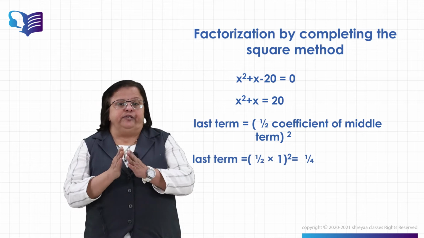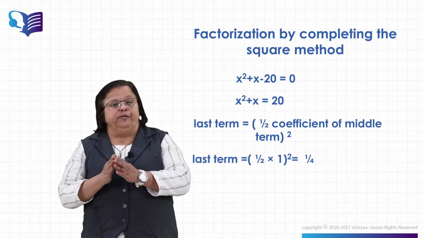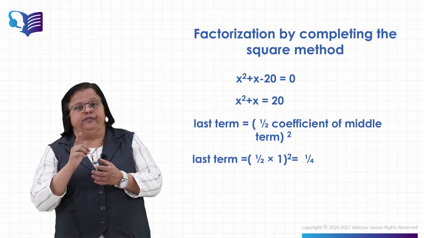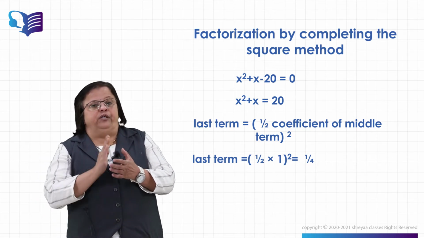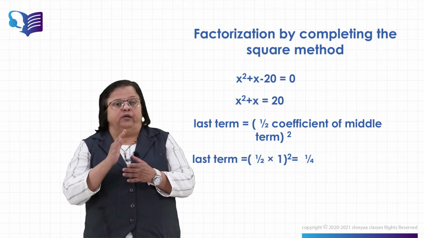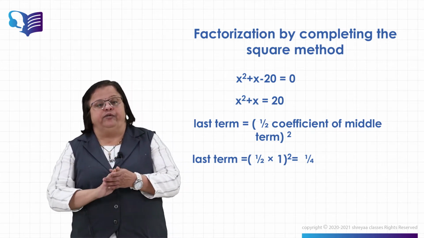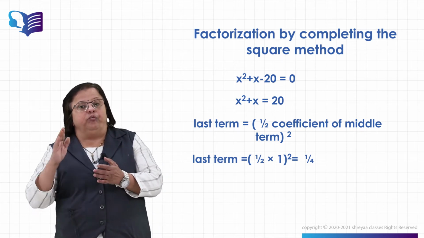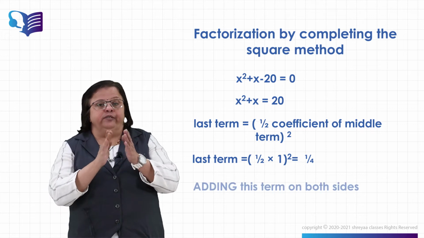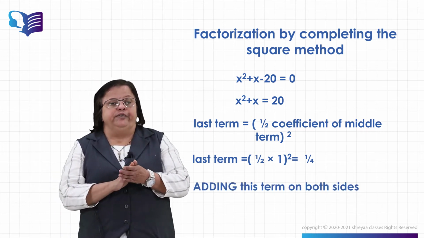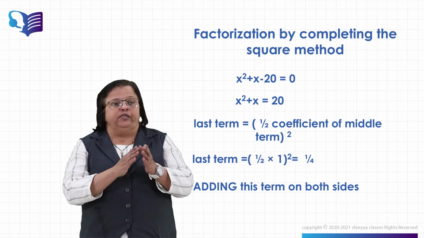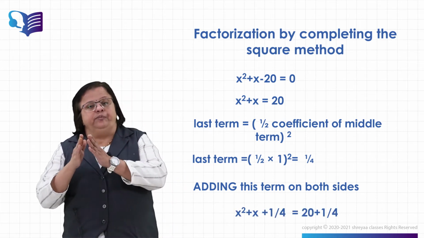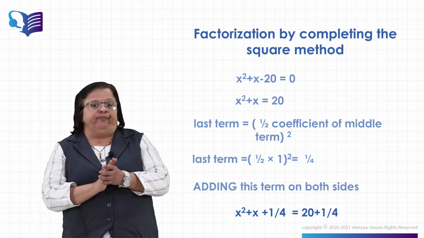Therefore, the last term is equal to (1/2 multiplied by the coefficient of the middle term) whole square. What is the coefficient? Behind x there is 1. So it is (1/2 into 1) whole square, which is 1/4. Adding this term on both sides of the equation, it will be x square plus x plus 1/4 is equal to 20 plus 1/4.